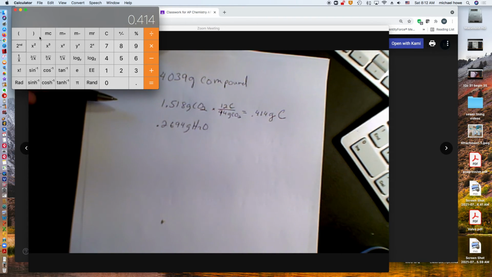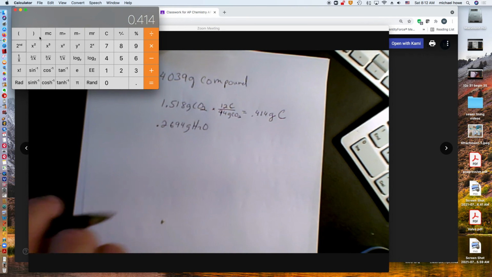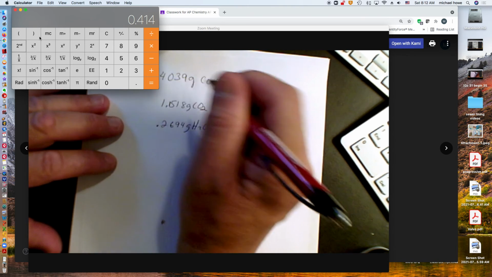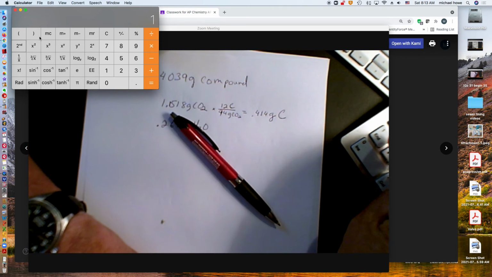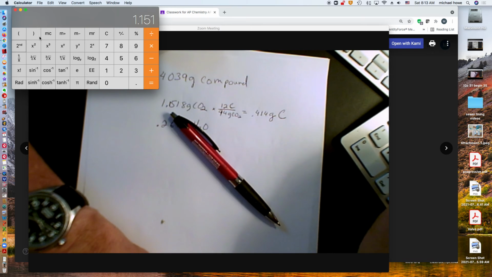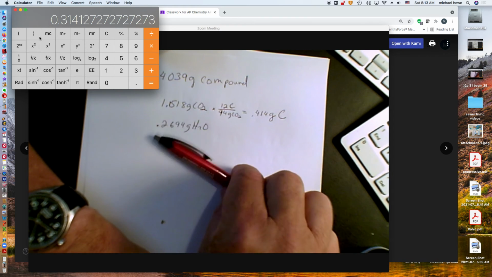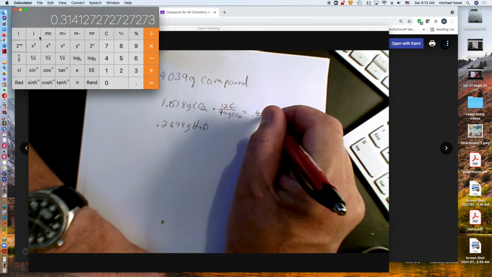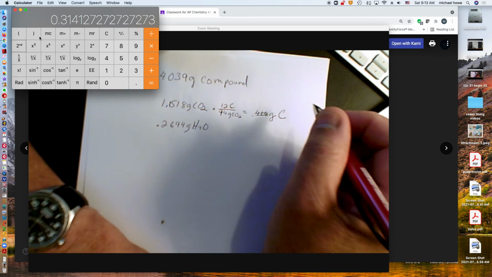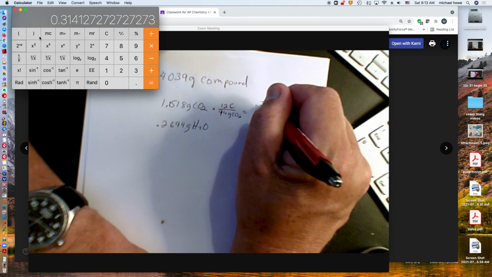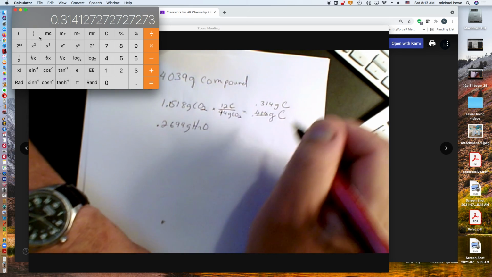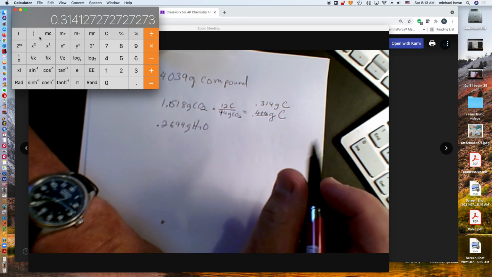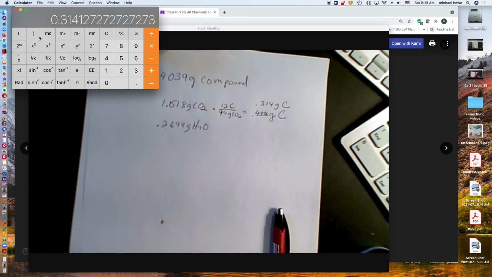I think I wrote a number down wrong. I just double checked the book. Yeah, I skipped a 1. So this is 1.1518 grams of carbon dioxide. So let's try that again. 1.1518 times 12 divided by 44 equals 0.314 grams of carbon. Glad I caught that. That would have presented problems in a minute. Okay, so that's one way to find the grams of carbon.